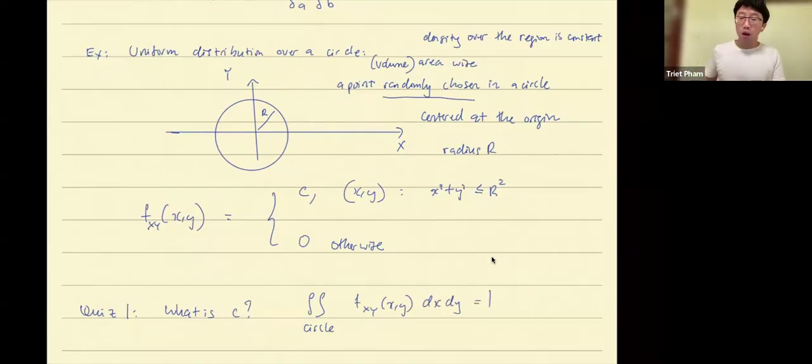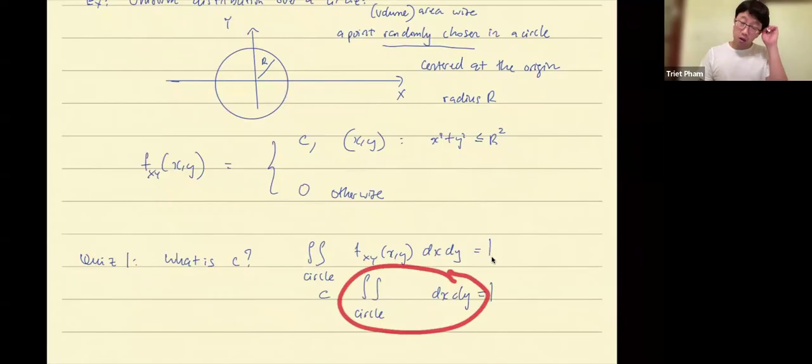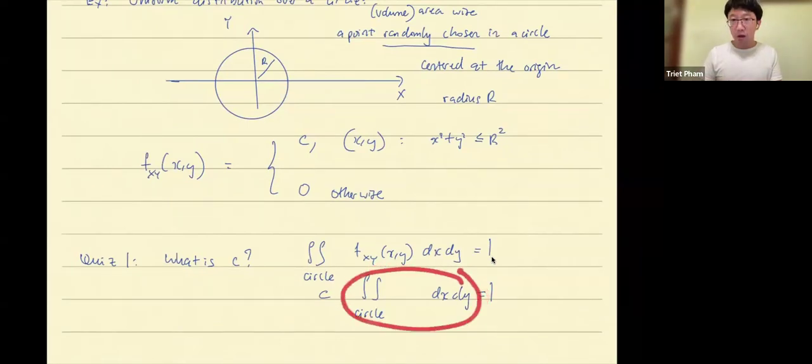But the joint density is a constant, so the constant can be factored out. And what is the remaining integral? From Calc 3, this is the area of the circle.